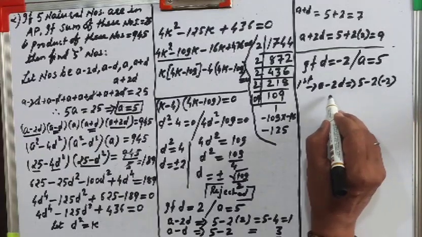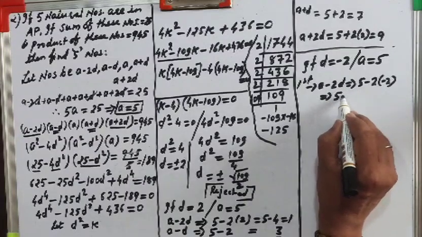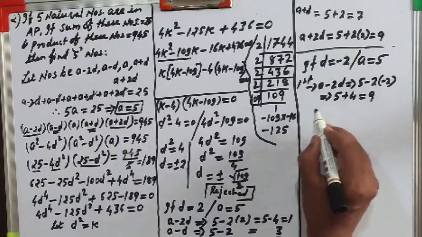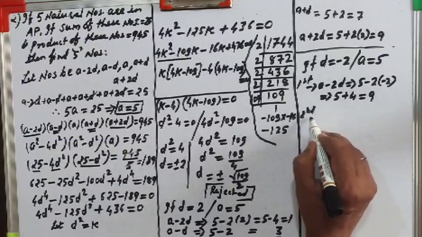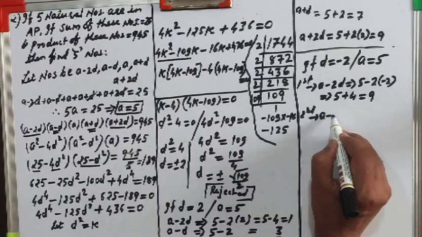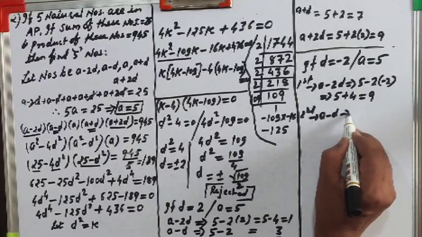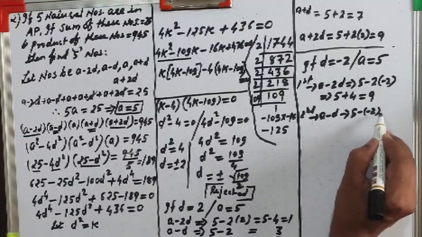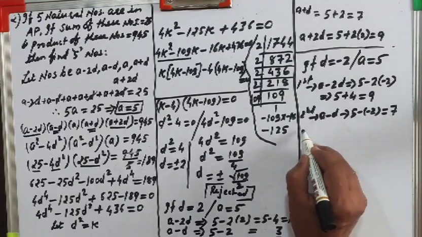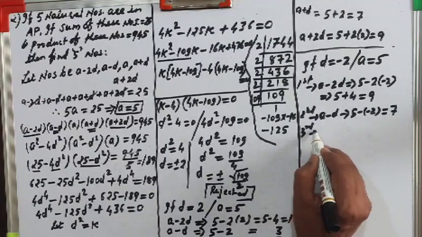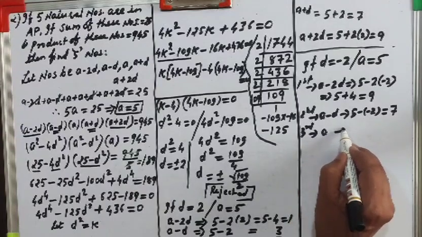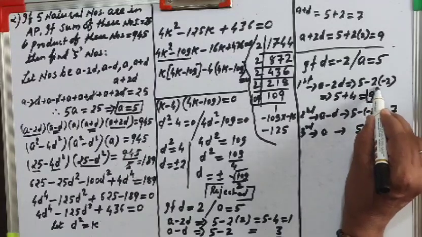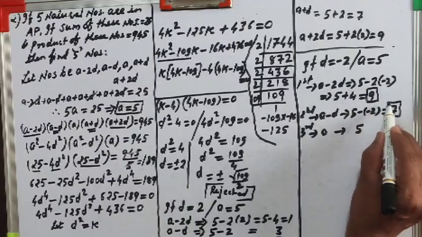So this will give you 5 plus 4, which is 9. The second number is a minus d, which implies 5 minus of minus 2, which is equal to 7. Similarly, the third number is a, and you know that a is 5. So your first number was 9, then 7, then 5.